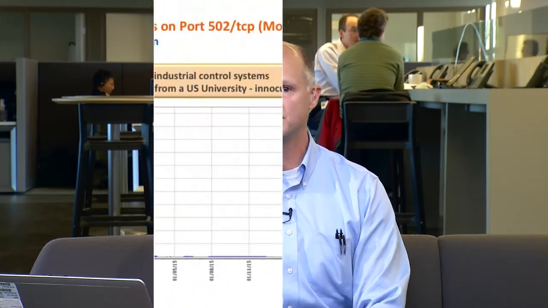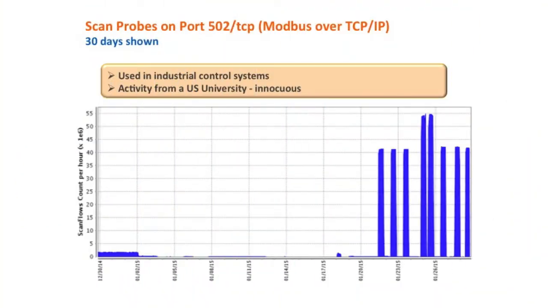In any case, perhaps we'll get some more information about this as time goes on, hopefully reported in a responsible manner. Next item is of a similar ilk, different port, different activity clearly, but it's scan probes on port 502 TCP. This one happens to be associated with Modbus over TCP/IP, Modbus being basically a function for industrial control systems.